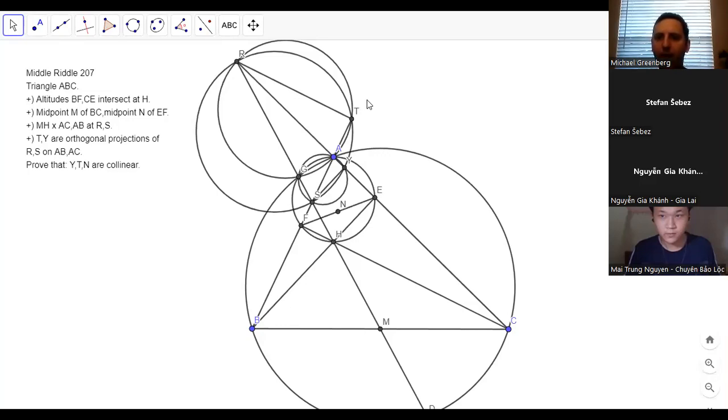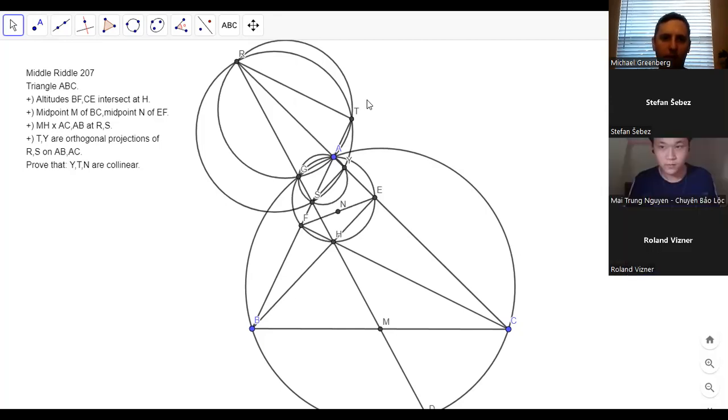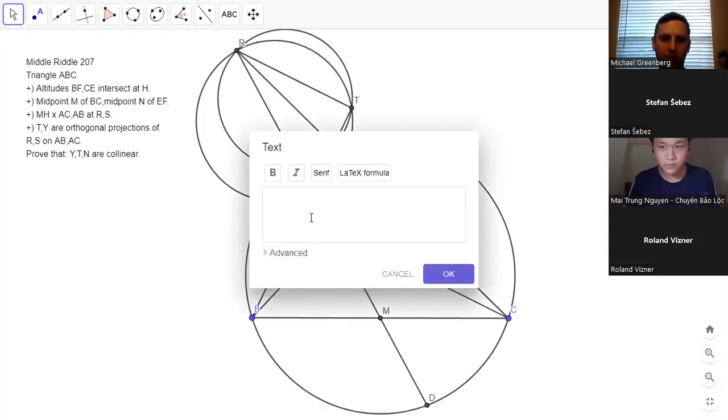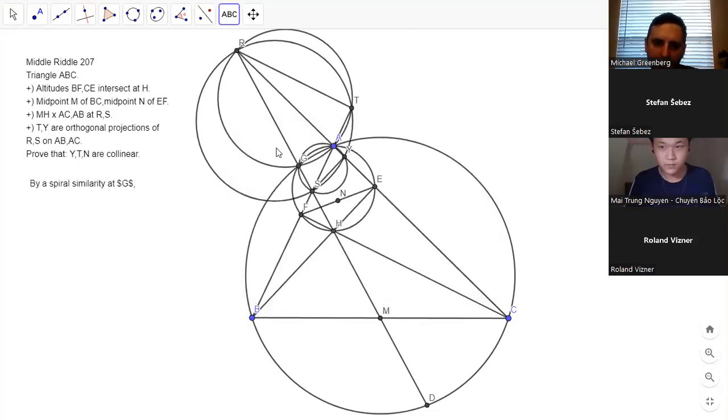Okay, I'm going to write what Nguyen just said. S to Y. So basically by a spiral similarity at G, we have GSY is similar to GFE is similar to GBC.